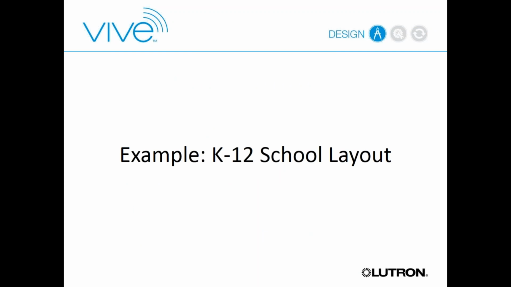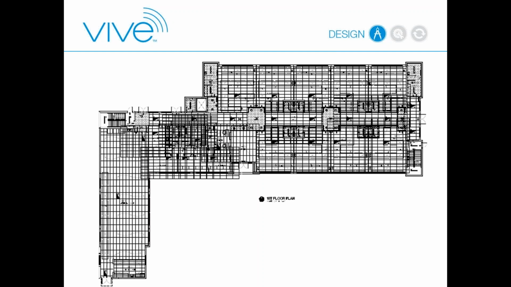All right, so let's go through an example of what we mean by this. So we took a K through 12 school, and here's an example of a floor plan for that K through 12 school. Pretty standard layout. There's some different spaces in there that we need to accomplish, a standard type of floor plan for those schools.